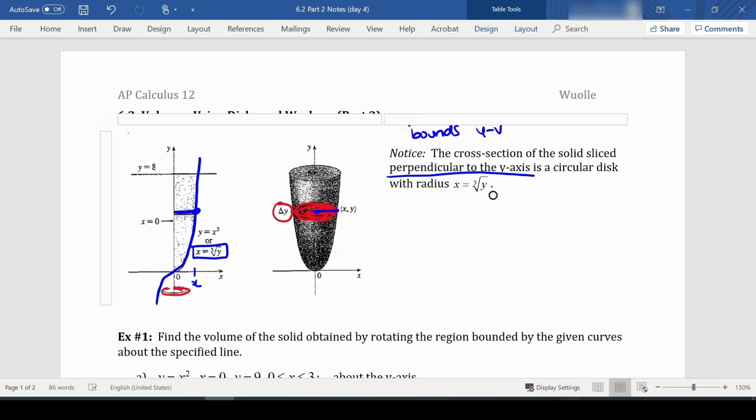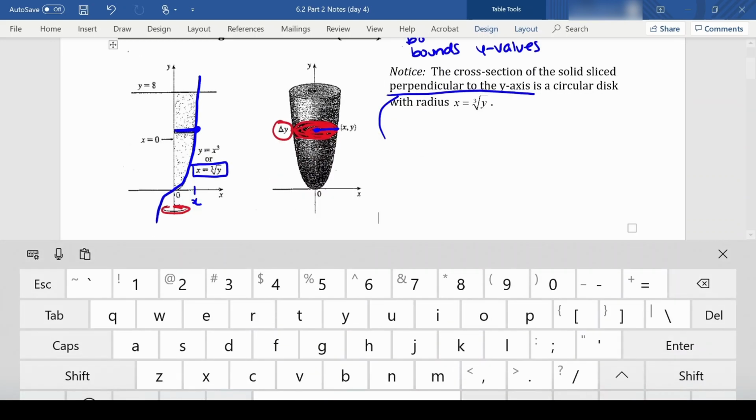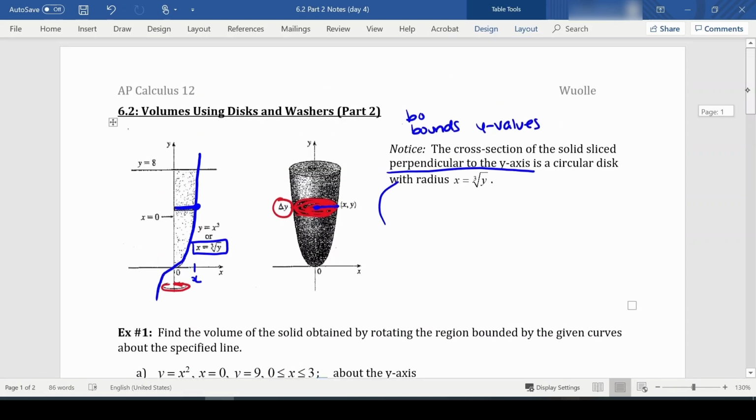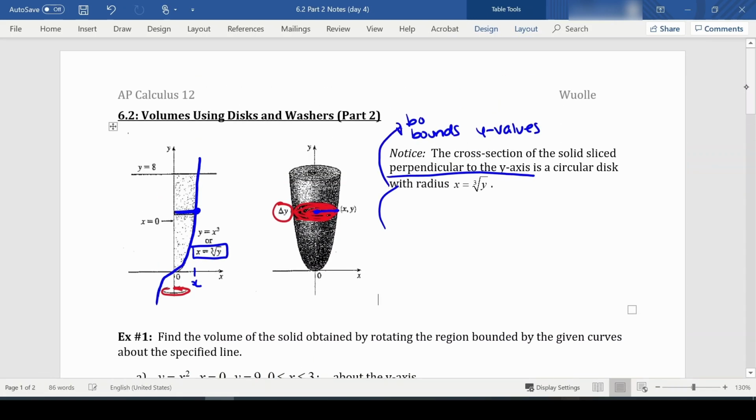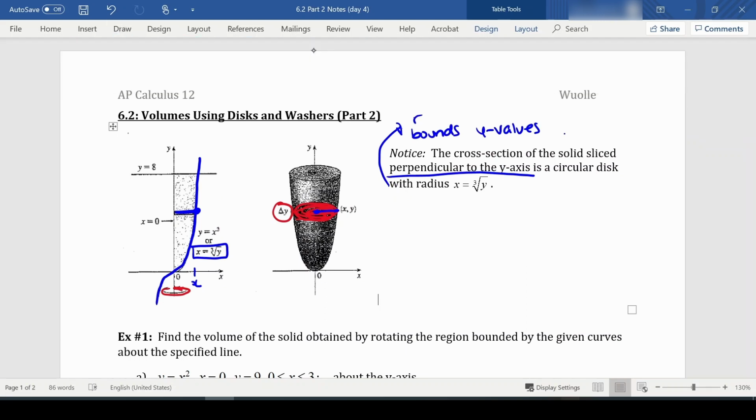So when we are rotating perpendicular to the y-axis, our cross sections are perpendicular to the y-axis, our bounds should now be y values. We now have a radius, which is going to be f of y, and we're going to integrate with respect to y.